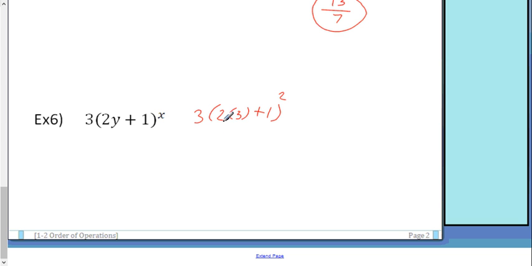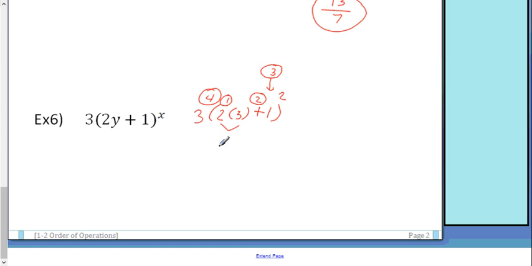Well, I obviously do parentheses first in PEMDAS, so go to the parentheses. In my parentheses, I have multiply and add, so I still follow order of operations there, so I'm going to do this first. I'm going to do this addition second. I've done all the parentheses now. Then I'm going to square it third, so this will be third, the square. And my final step will be to multiply. That'll be fourth. Like I said, just follow order of operations.